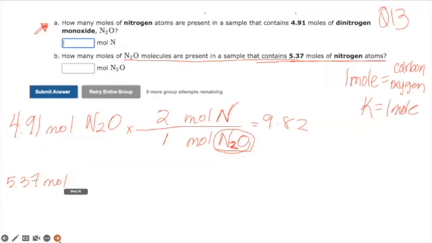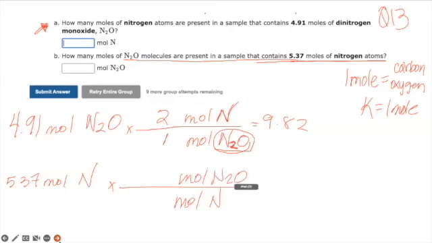Moles of N. Now this time, we want to get out of moles of N and into moles of this compound. So in every 1 mole of the compound, there's 2 moles of N. So we take this number and divide it by 2.